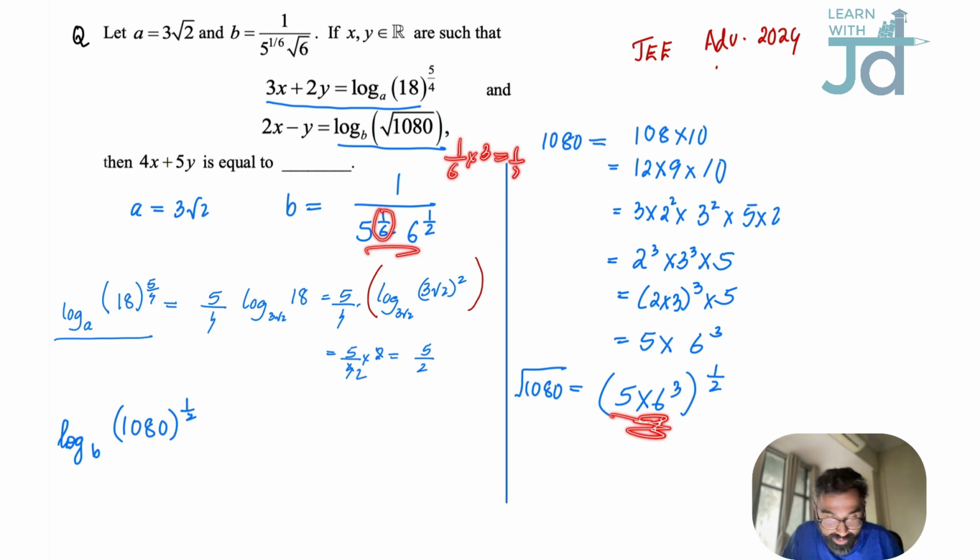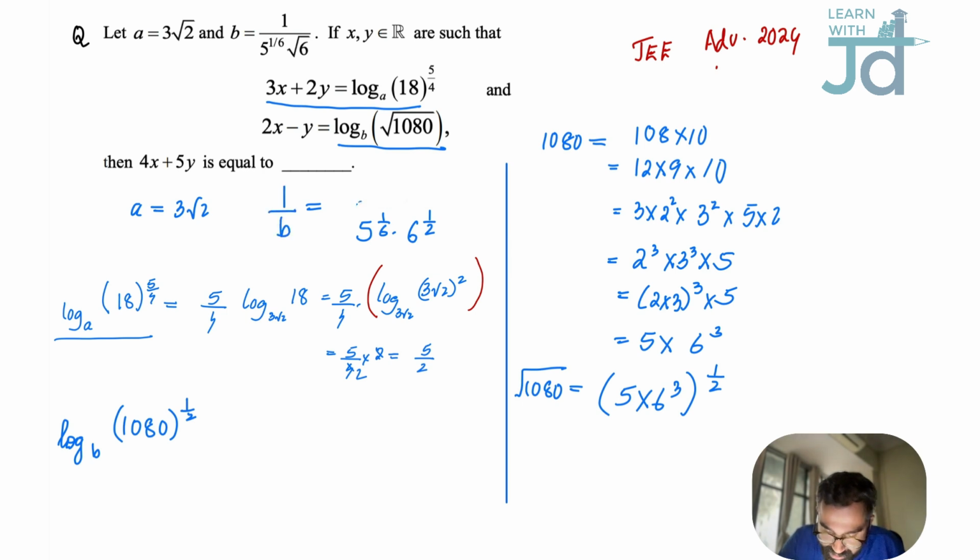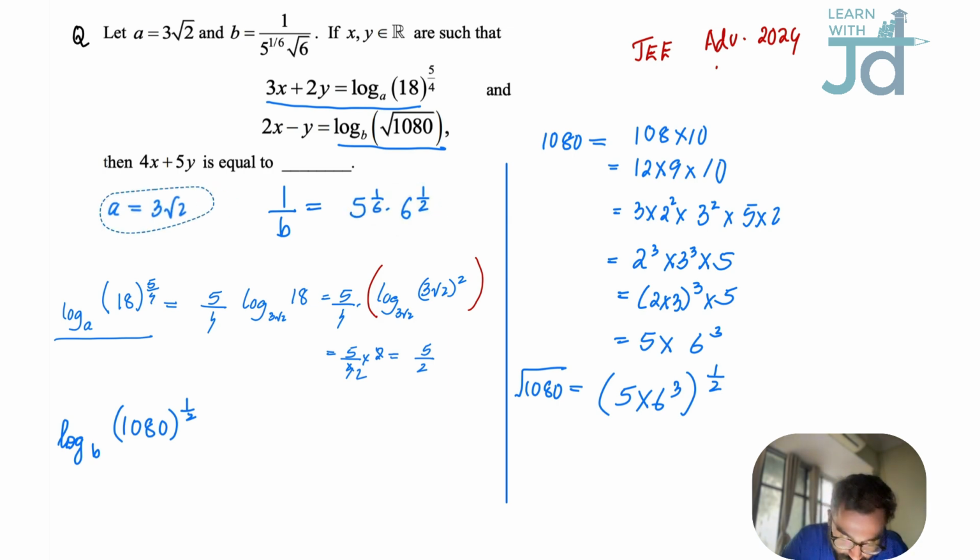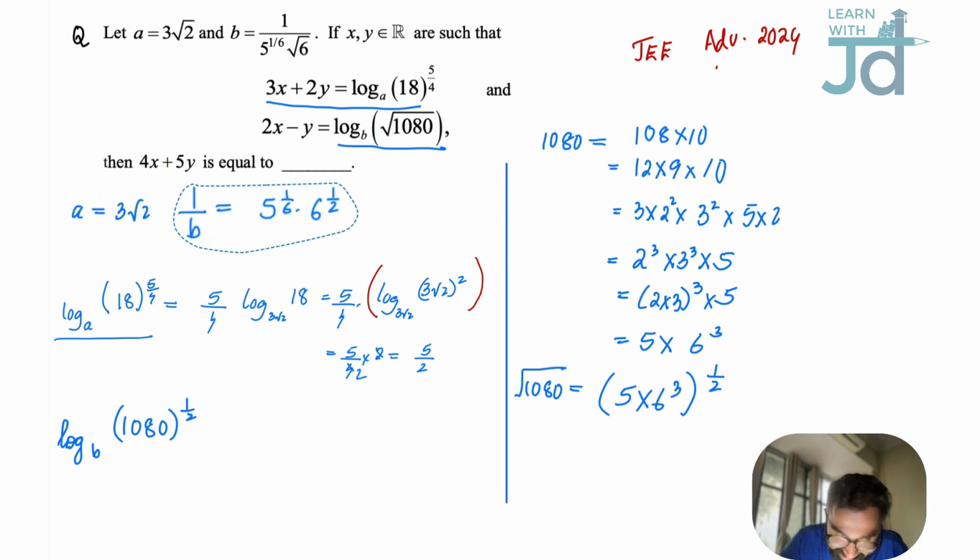We are right. I'll do one thing. I hate this reciprocal stuff. So instead of 1 by b, can I write it like this? I'll just take the reciprocal on both sides. So it looks good. Now, as I said, 1 by 6 into 3 is giving you 1 by 2.